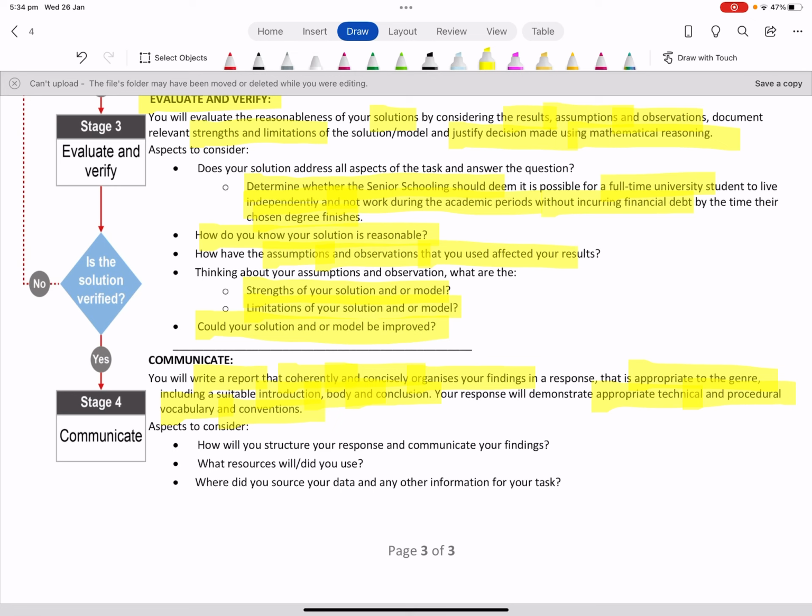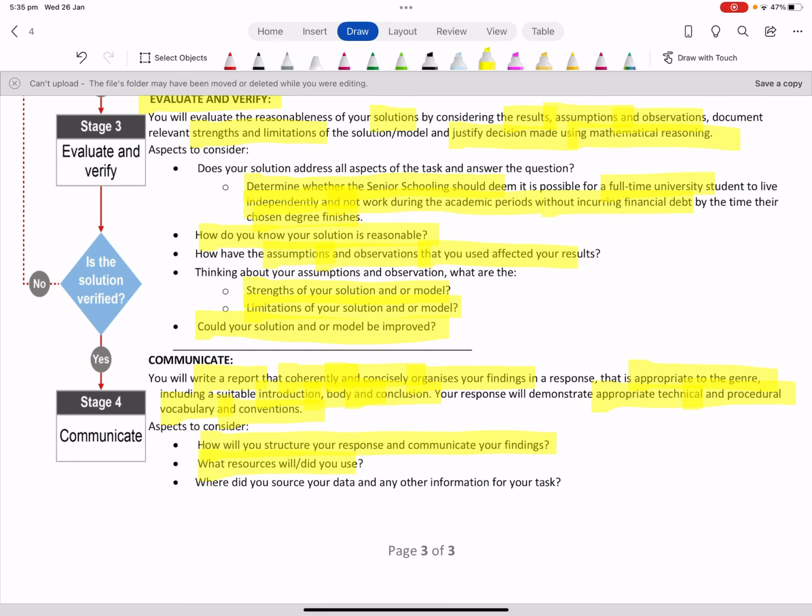So the questions here under aspects to consider are: how will you structure your response to communicate your findings? So again, that's up to you how well you've labelled your tables, how well you've labelled everything in your report. Is it easy to read and follow what you're trying to do for the reader? What resources did you use?